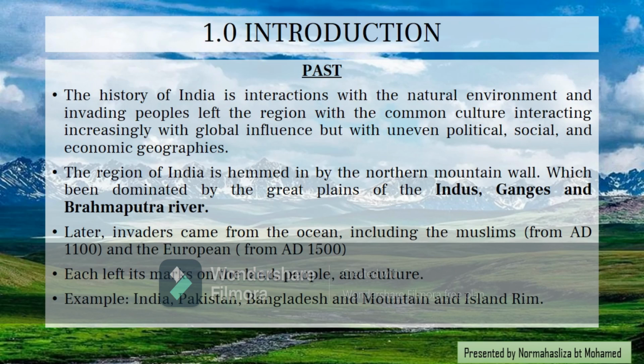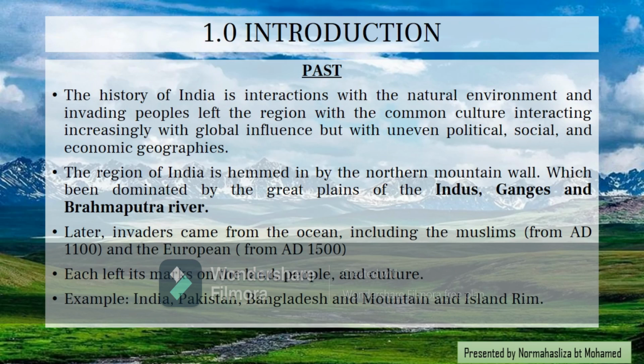The material and cultural wealth of the region rivaled that of China and later Europe. The region is hemmed in by the northern mountain walls. It is dominated by the Great Plains of the Indus, Ganges, and Brahmaputra Rivers. Waves of peoples entered first through the northern mountain passes to access the rich plains, and later invaders came from the oceans, including the Muslims from AD 1100 and the Europeans from AD 1500.